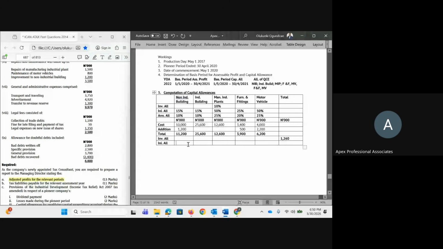What's 15% of 11,200? 1,680. Yes, that's correct. Next one, 15% of 25,600. 3,840.